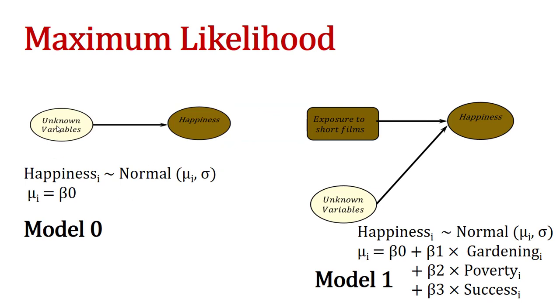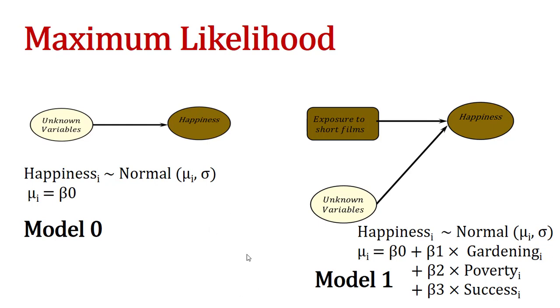Basically, in terms of causal models, we are going to compare a model in which the only variables that affect happiness are unknown, so we don't have any variable to predict happiness, against a model in which the variable of interest, exposure to short films or documentaries for short, is one of the causal variables of happiness, and the others are unknown.